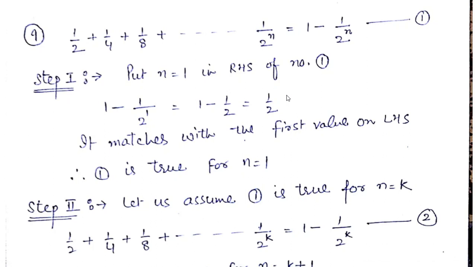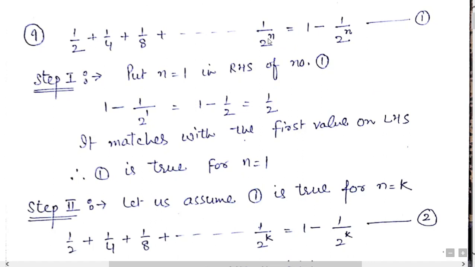In step number 2, you have to insert only the value n is equal to k, or you can say you have to replace n with k only, and you have to assume this statement is true. And in step number 3, you have to prove the statement is true for n is equal to k plus 1. Let us start the question.